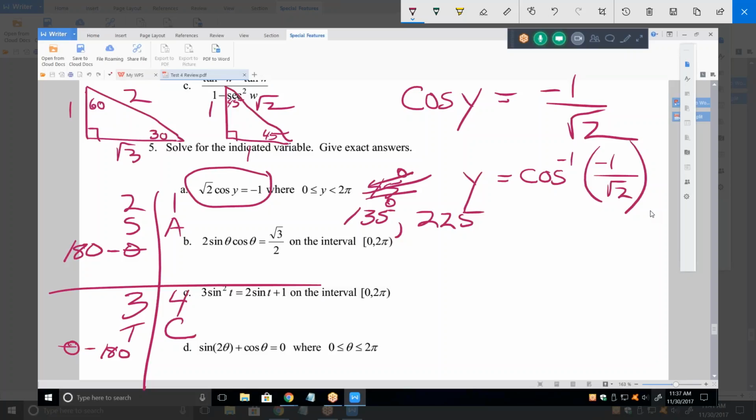So if my angle is 45 degrees, that's theta. So the equivalent in the second would be 135. And if my angle is 225, that's the equivalent in the third of 45 degrees. In other words, you always take 180 plus that first quadrant angle in the third to figure out the angle.